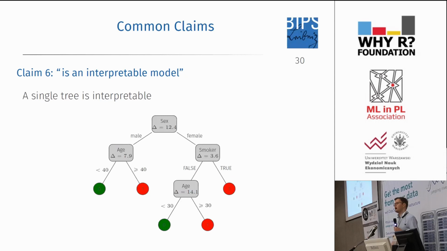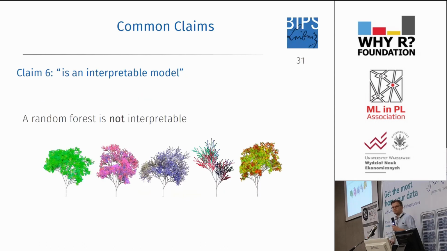It might get a bit harder if the tree gets bigger, but still it is possible. And you even have the differences of purity in all the nodes, so you can say the split on sex is very important, and the one on smoker is not super important here. But for a whole random forest, how should you do that?